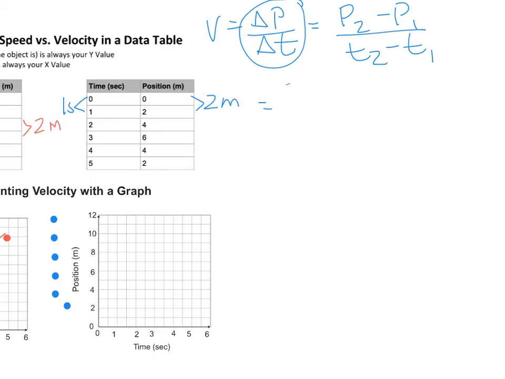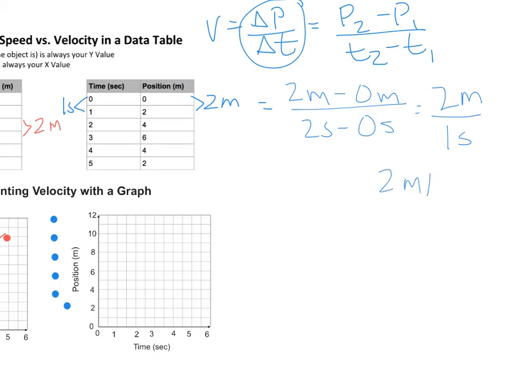So position 2 was 2 meters, position 1 was 0 meters, time 2 was 1 second, and time 1 was 0 seconds. And so we get a value of 2 meters over 1 second, a velocity of 2 meters per second. And you might say, how is that any different than the speed calculation we just did? When we graph this, that should become very apparent.